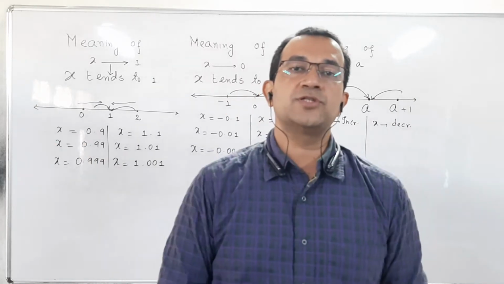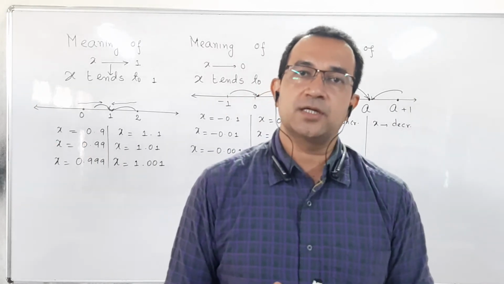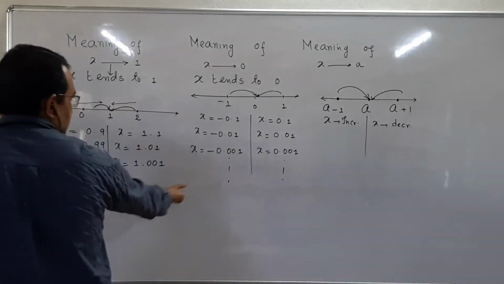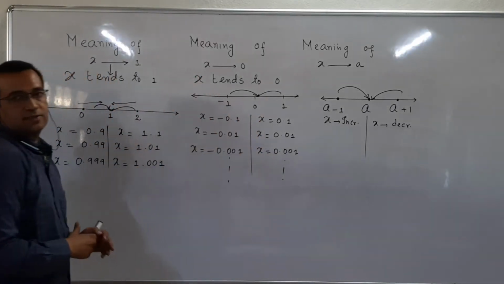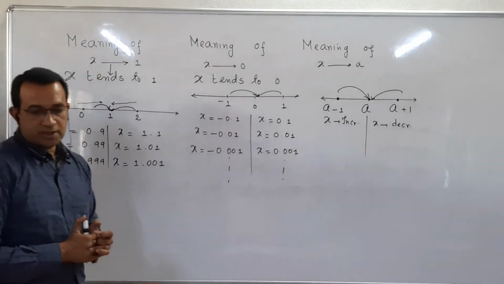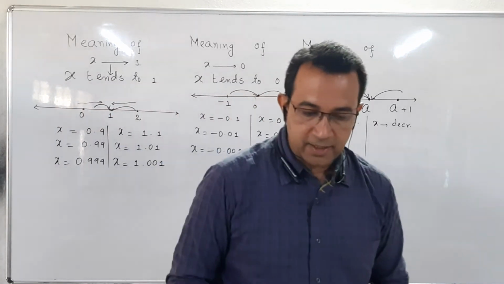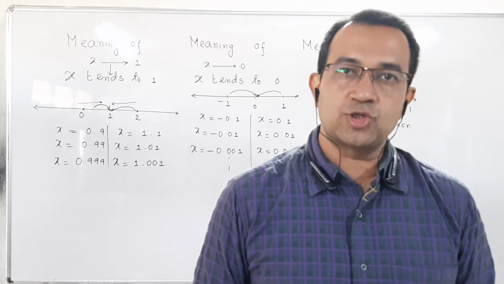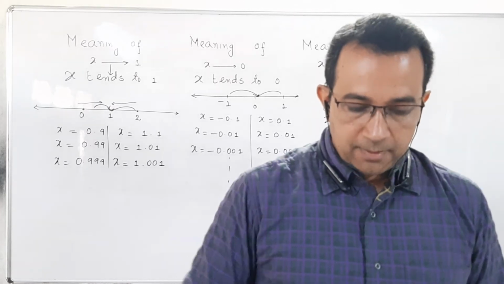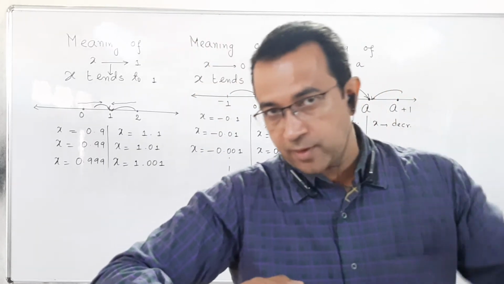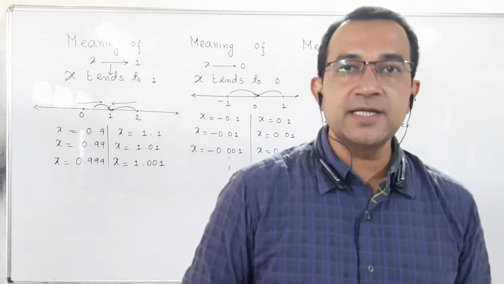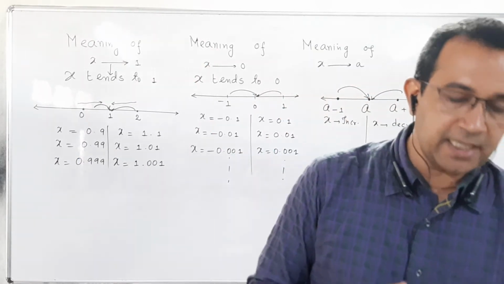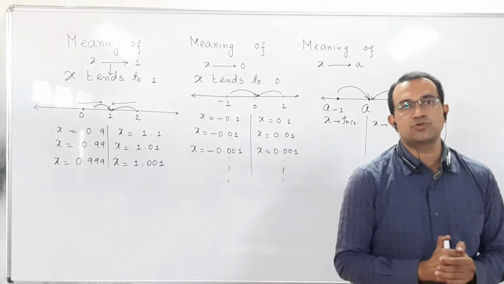And when you are approaching a from right hand side, the corresponding value of x always decreases. So what is the meaning of x tends to a? I read from textbook. If the value of variable x is brought very close to a by increasing, so from left hand side, or by decreasing the value of x, then we say that students x tends to a.